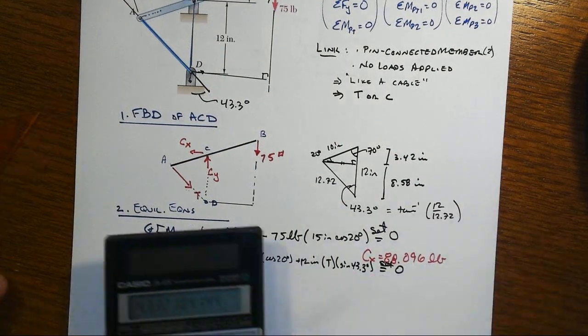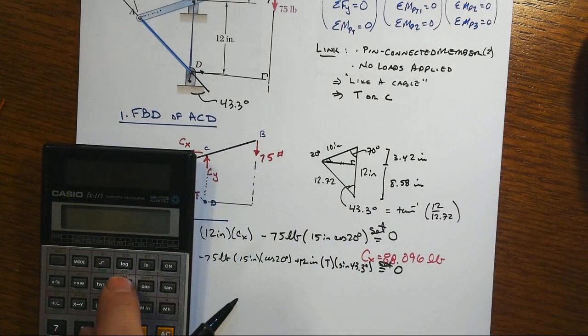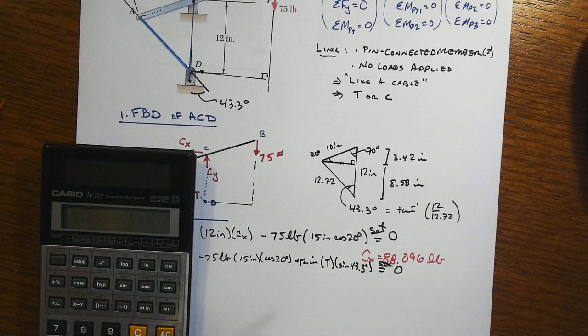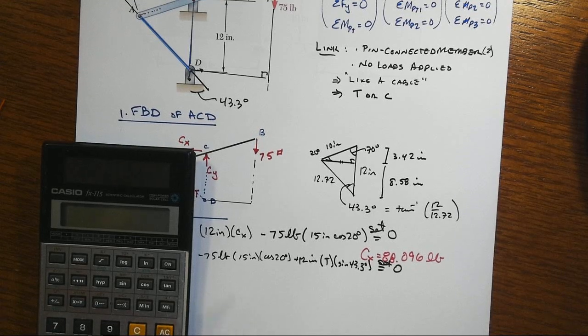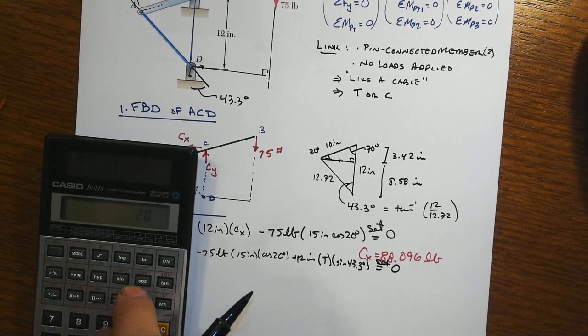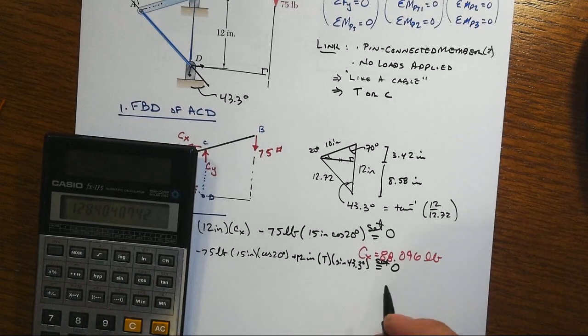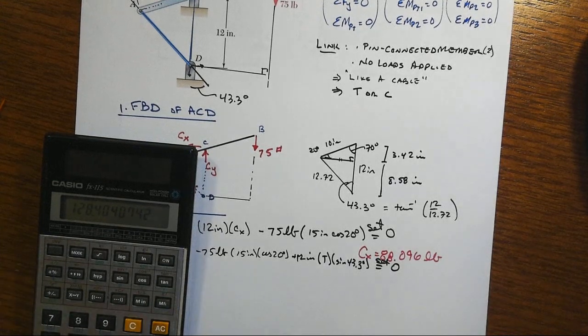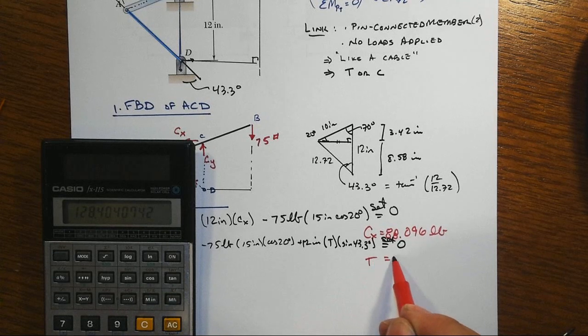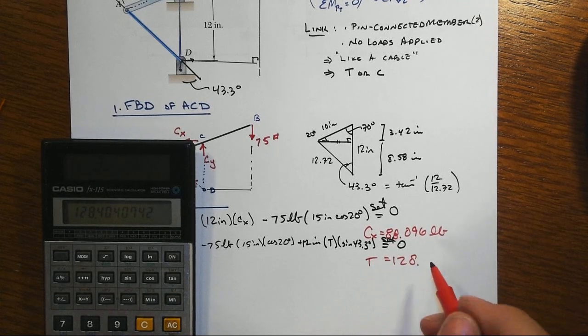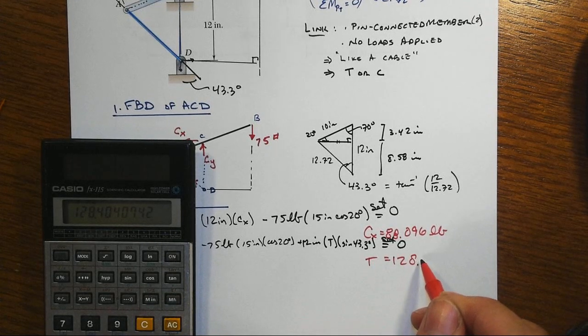Not really good paper management here. Sine times 12 equals, take the reciprocal, times 75 times 15 times cosine 20, and we get that T equals 128.4. Wow.